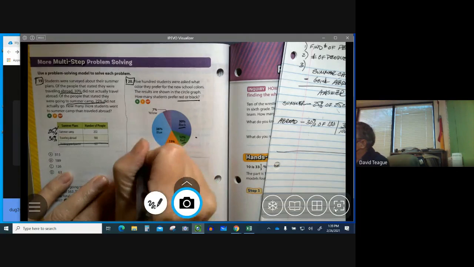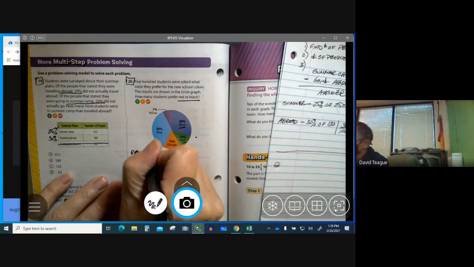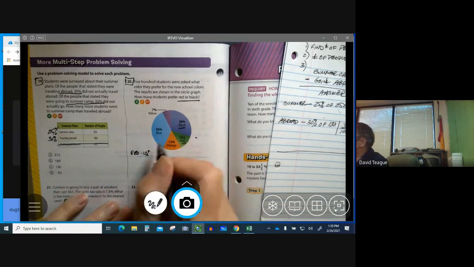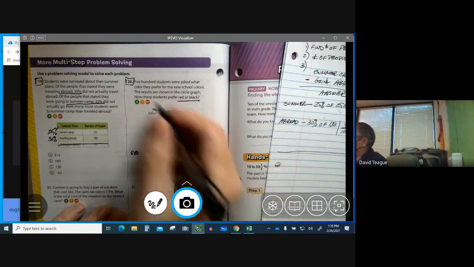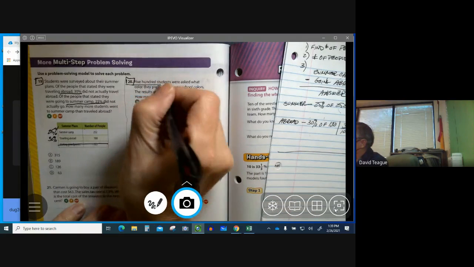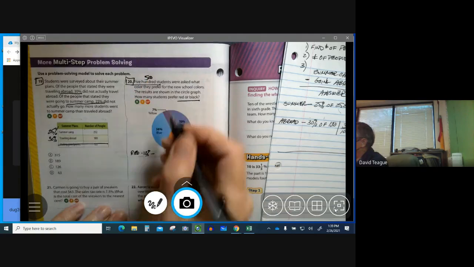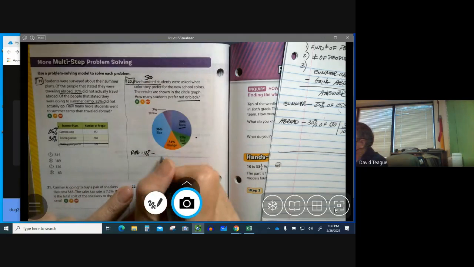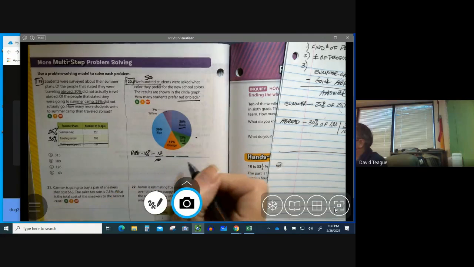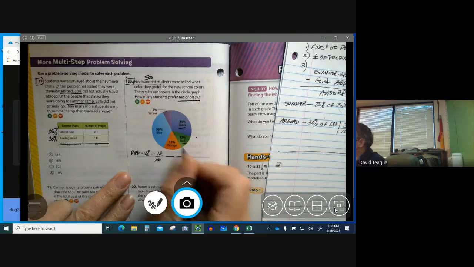So red is 12% of 500, right? Because here it is, 500. So I'm going to rewrite this as 12 over 100, right? And the total number of students is 500.